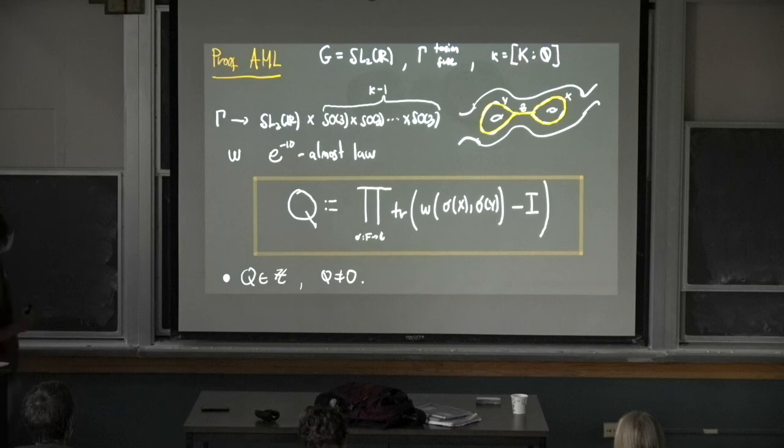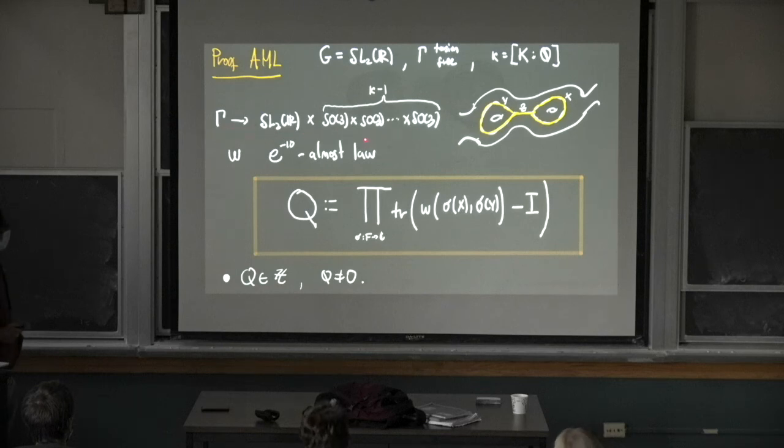So as in example 3 before, this group gamma lies in SL2R, well, in this case it was SO21, but it's the same as SL2R, times SO3 to the K minus 1, the K minus 1 coming from the other embeddings of the field. Okay, so there's a natural group morphism from this group into this.